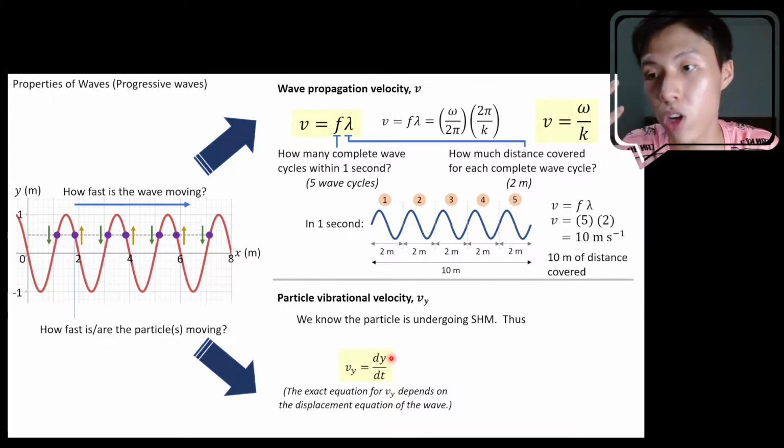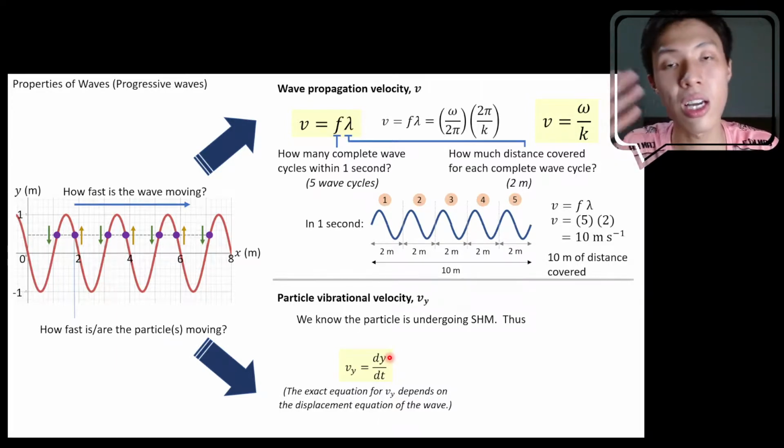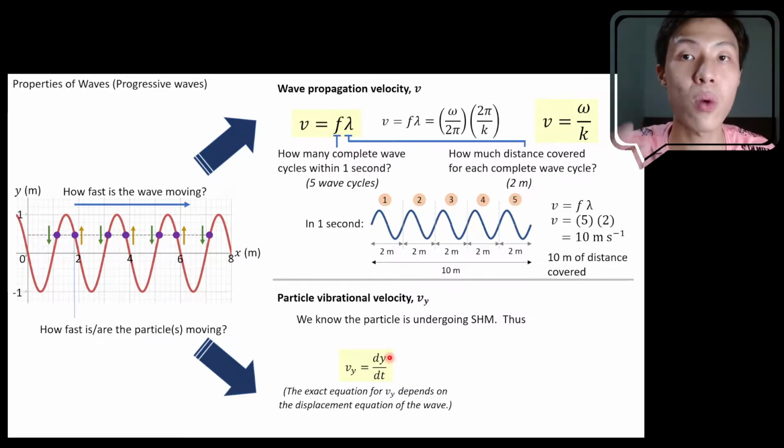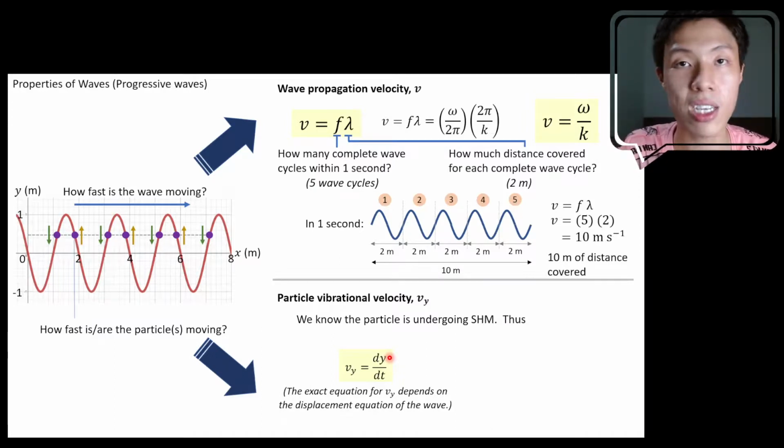If it's cos, then it's a different velocity equation. If it's sine, then it's another equation for the vibrational velocity. For example, y equals A sine omega t plus minus kx. So this one is differentiation, the first equation.